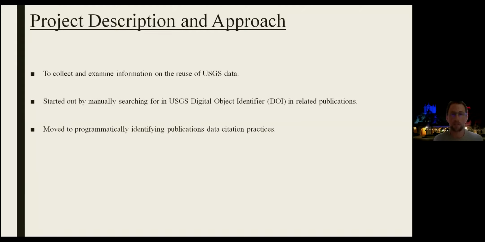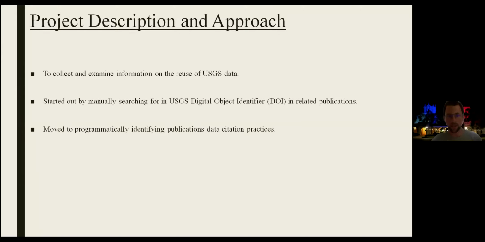So the project began by examining the reuse of USGS data and whether it was cited. This process started out by manually searching USGS digital object identifiers in related publications from the data releases.